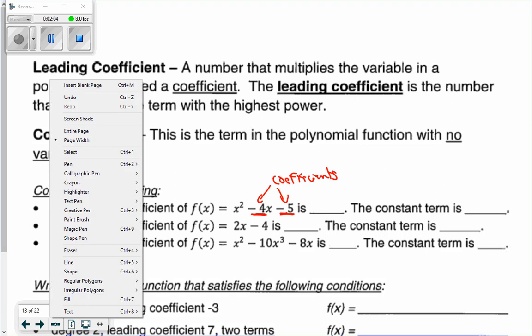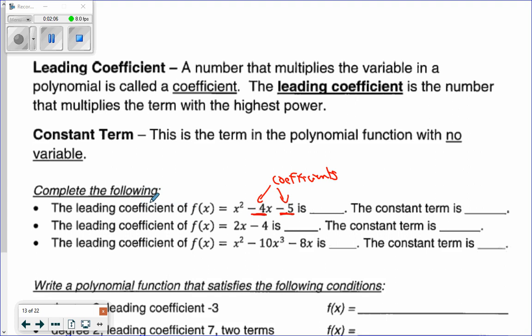So, right here, x squared is my biggest power. So there is a 1 in front of that x squared. So 1 is the leading coefficient. -4 and -5 are just plain old coefficients. Okay, so the leading coefficient is 1.